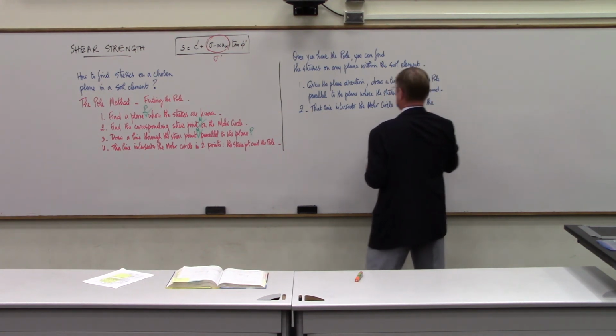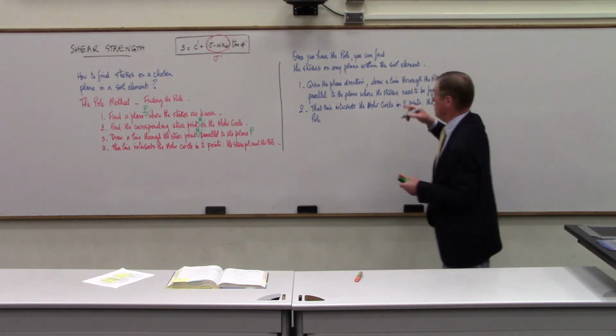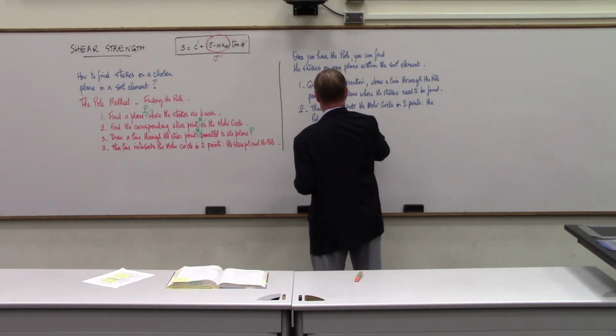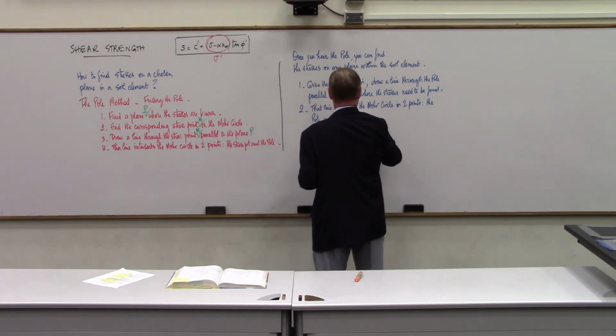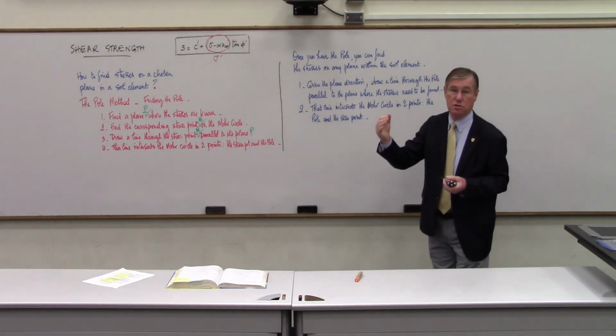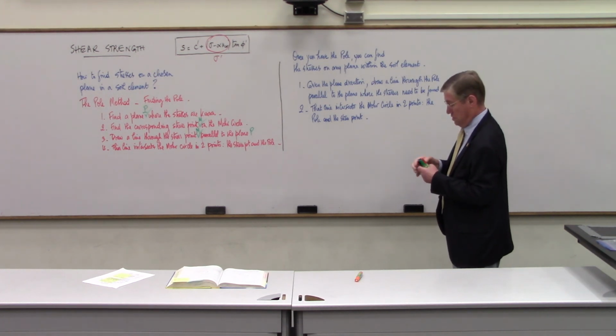The pole, obviously the pole because you drew the line through the pole. And the other one is the stress point. And once you have the stress point on the Mohr circle, then you know the coordinates of that stress point are the shear stress and the normal stress that actually act on that particular plane.